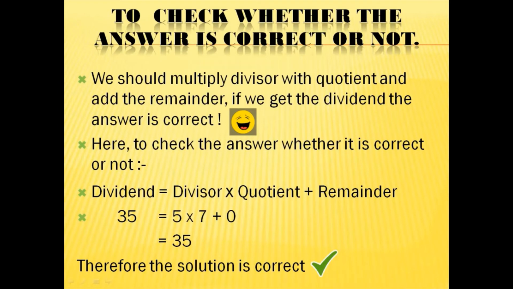In our example, we divide 35 by 5 and we get a quotient 7. So, we multiply the divisor into quotient, that is 5 into 7, and add remainder 0. And the result will be 35. Therefore, the solution is correct.